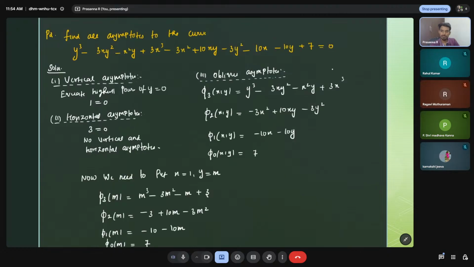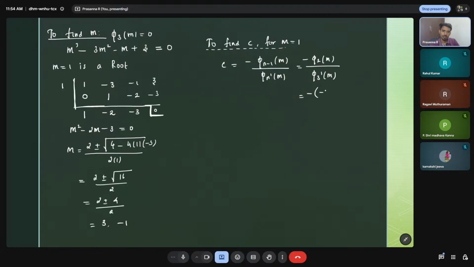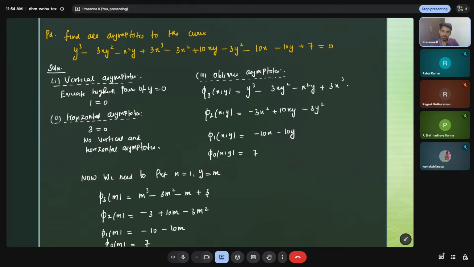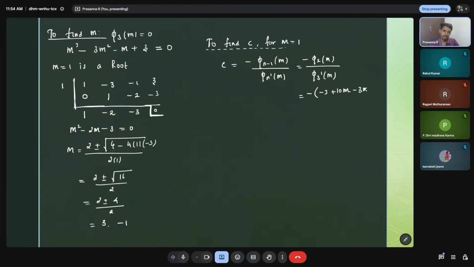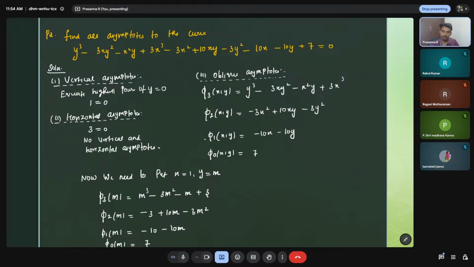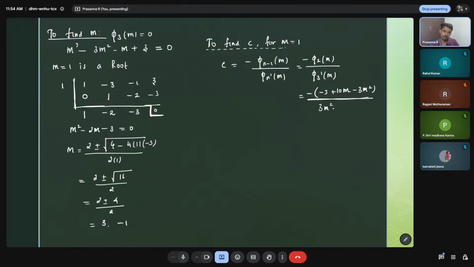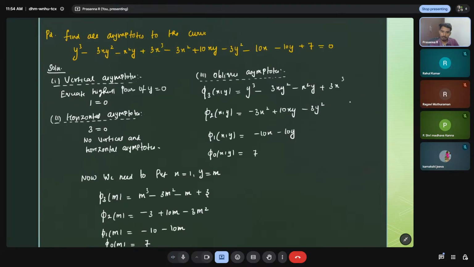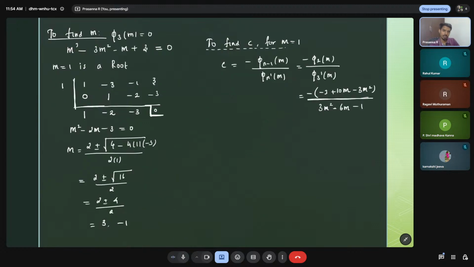So minus, what is p2 of m? p2 of m is minus 3 plus 10m minus 3m square, divided by p3 dash of m. So p3 dash of m is 3m square minus 6m minus 1. Now we are finding c for m is equal to 1.